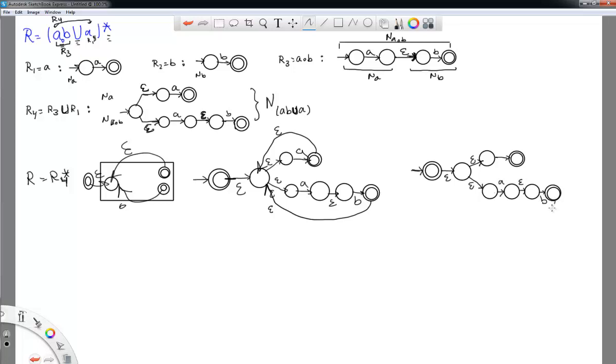And then all of the accept states from there are going to transition back with epsilon transitions to the original start state, and this will be then the N that recognizes R.